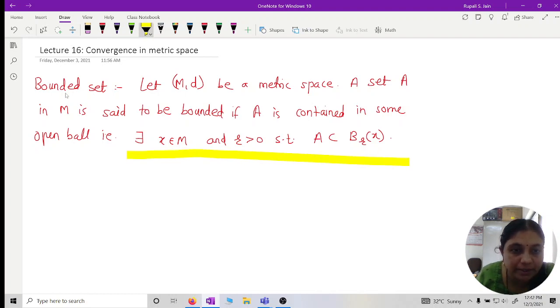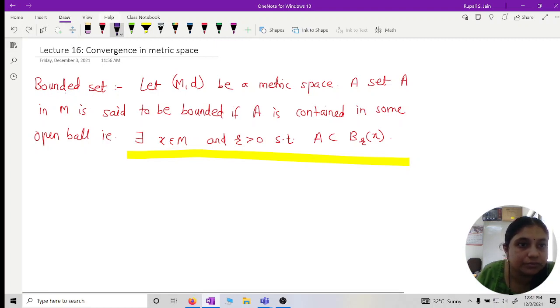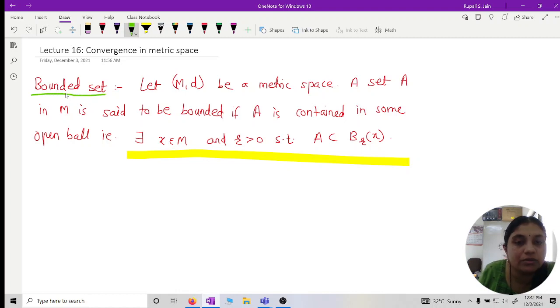If there exists some x in M and r greater than 0 such that A is totally contained in that Br at x, then we say that A is a bounded set. Is that okay? Yes, ma'am.